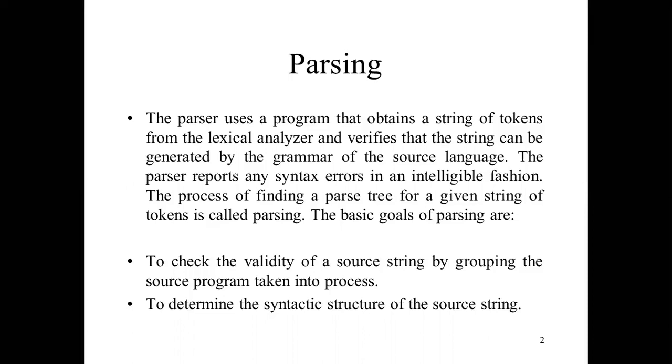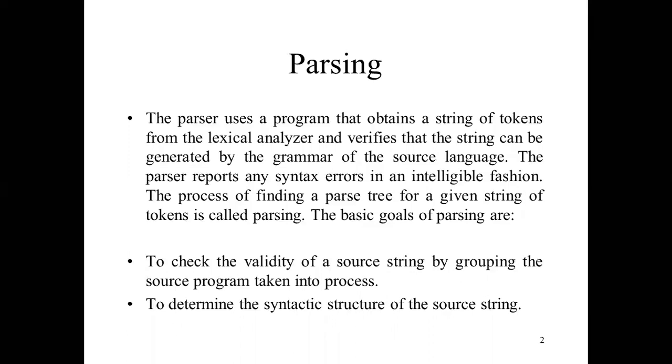So first we group different programs and we consider a number of strings and we check the validity of the strings. So we divide our source program into a number of source strings, and after that we will check the validity. Another goal is to determine the syntactic structure of the source string.